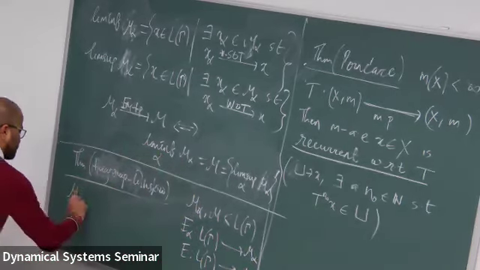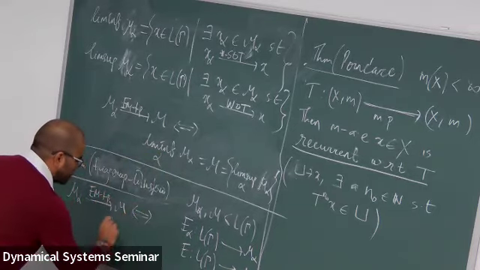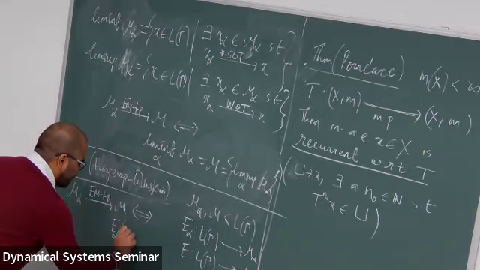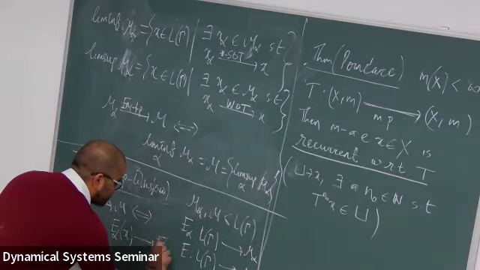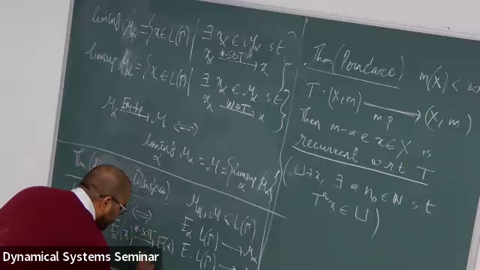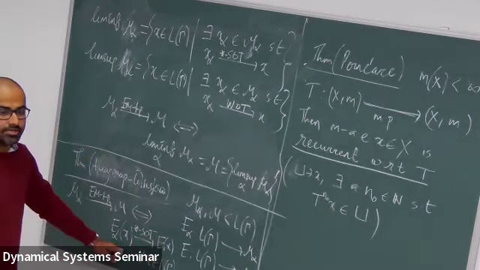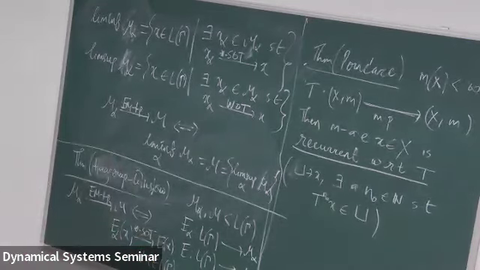M alpha converges to M in the Effros-Maréchal topology if and only if E alpha of x converges to E of x in star SOT for all x in L gamma. This means that when I project by these conditional expectations, they converge in star SOT to the corresponding conditional expectation.